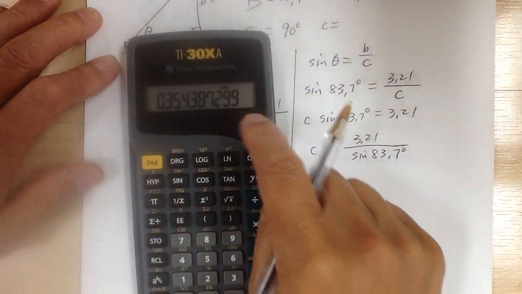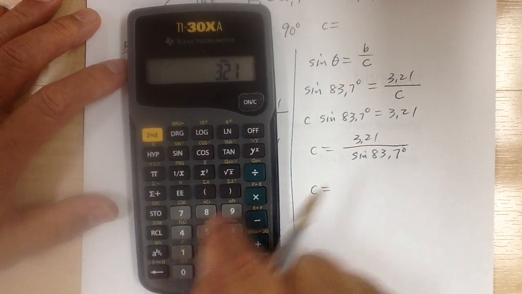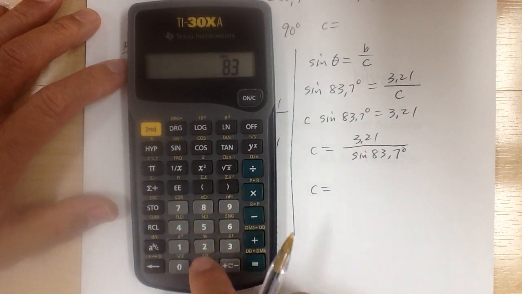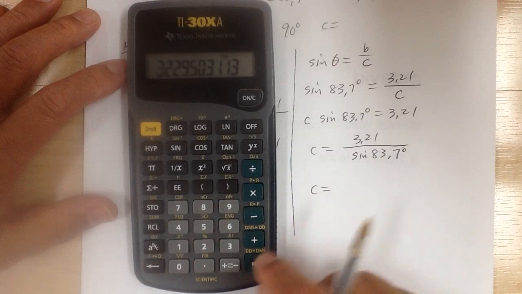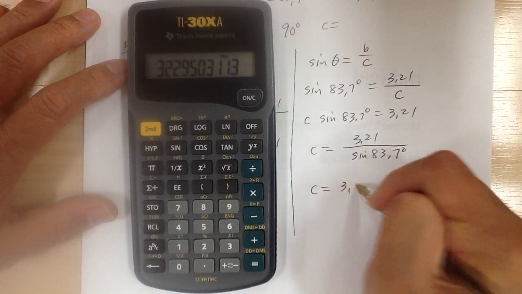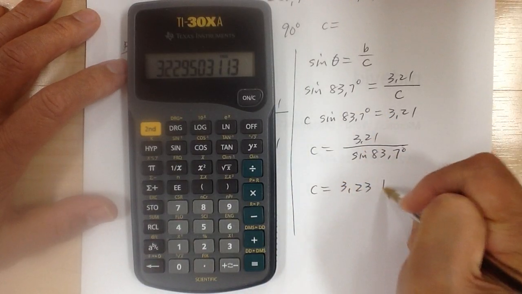Then use your calculator. 3.21 divided by sine of 83.7 degrees equals 3.23 kilometers.